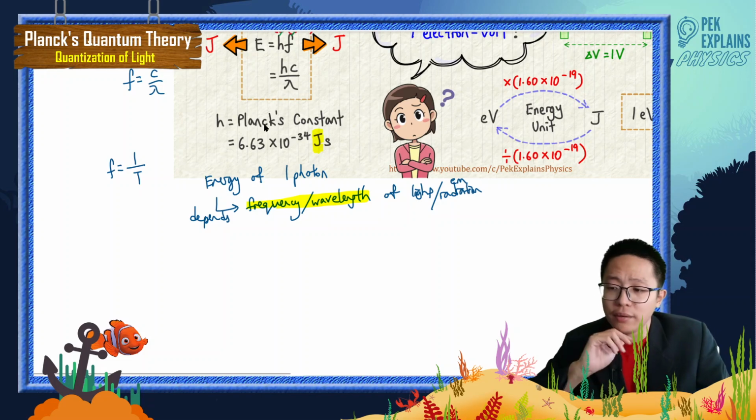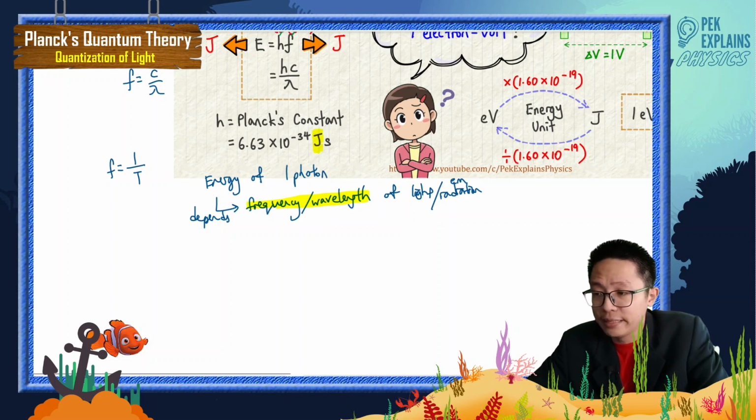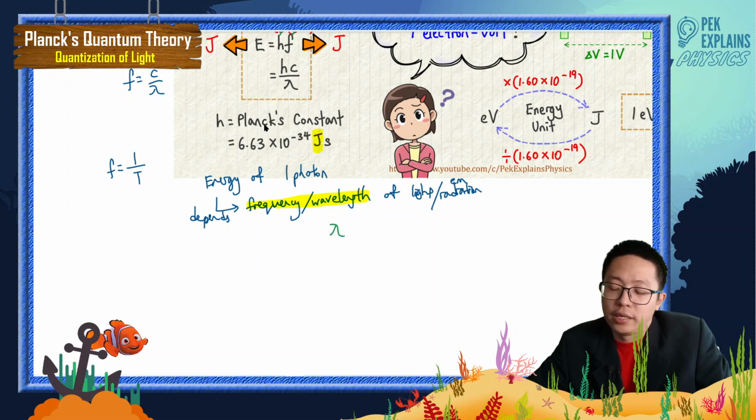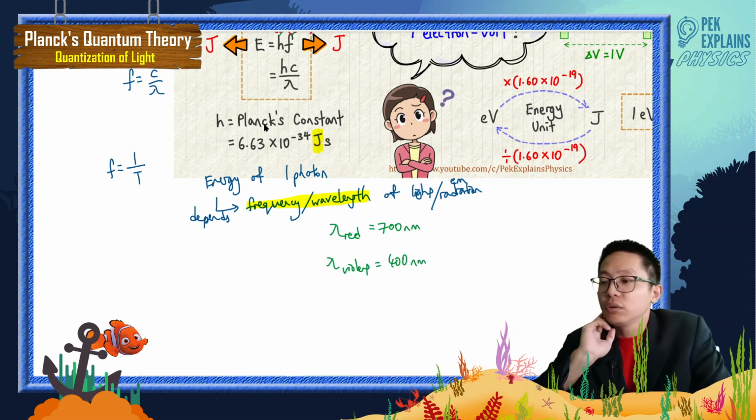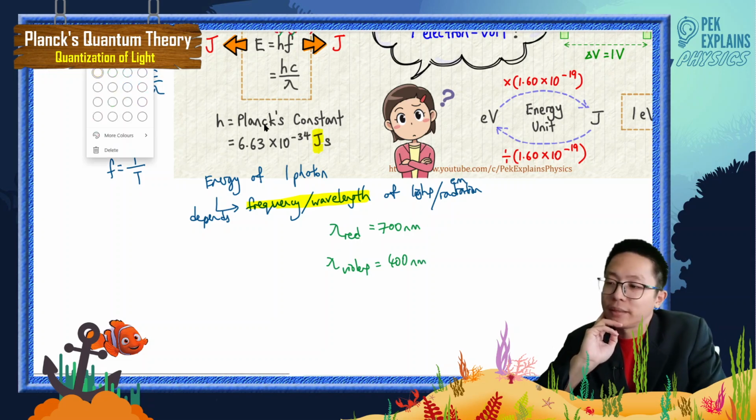Do you still remember the wavelength? Let's talk about the wavelength. We have the wavelength of red light, which is 700 nanometer. We have the wavelength of violet, which is 400 nanometer. So I better draw something here.